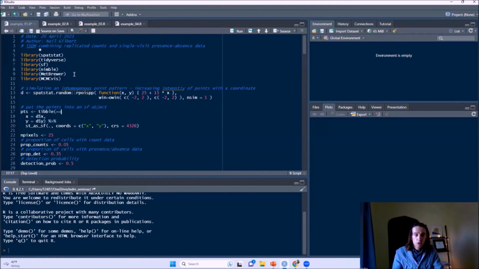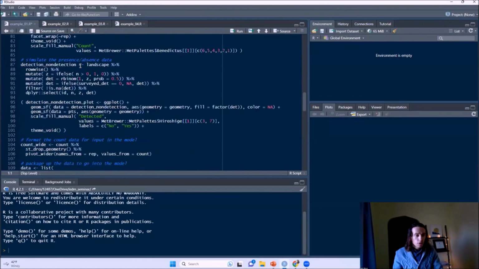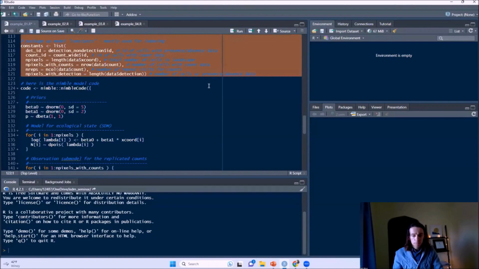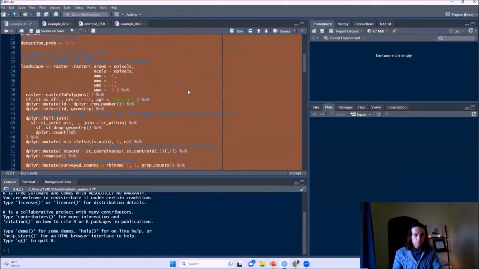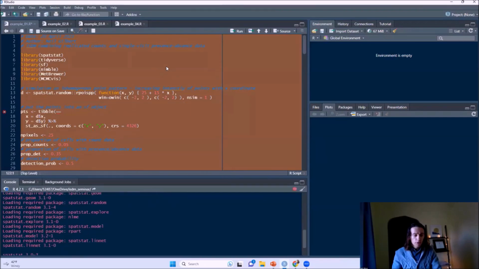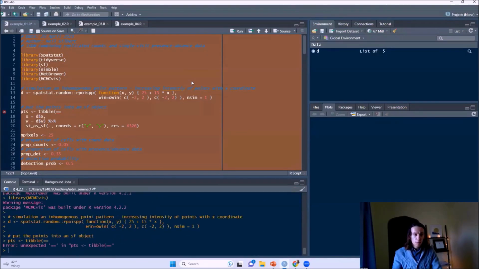But I won't go through in excruciating detail how I'm simulating these data. So if you're following along, I'll be running lines 1 through 122 here. So we'll get that running.